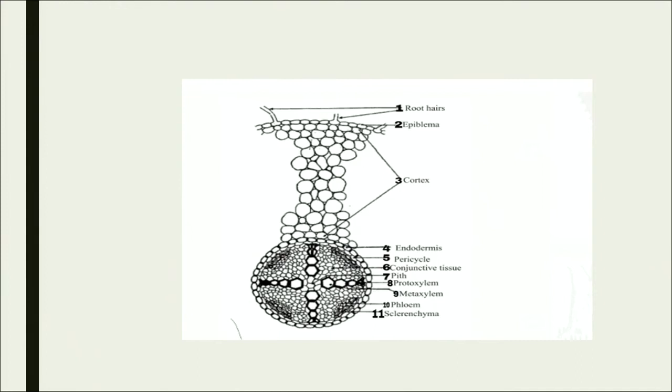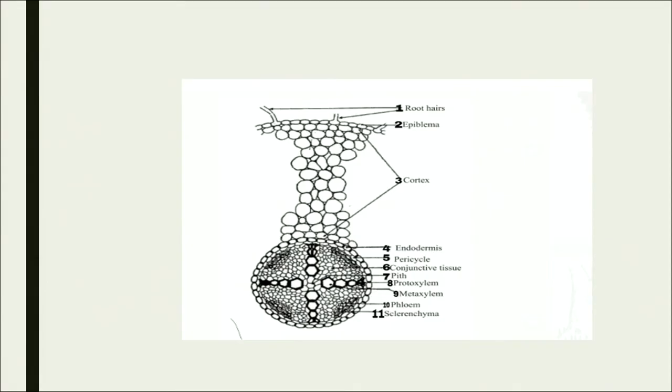Casparian strips are thickenings on the wall so that there is no wastage of water flowing from outside to inside or inside to outside, and this is how they give a direction to the flow of water inside the root. And the endodermis cells which are in front of xylem have thin walls.